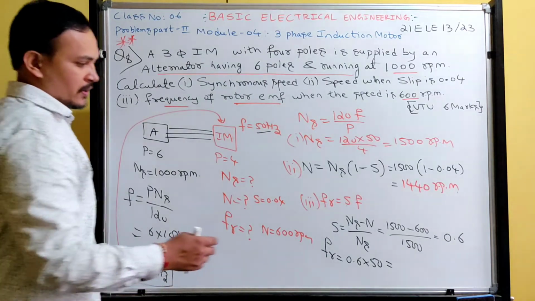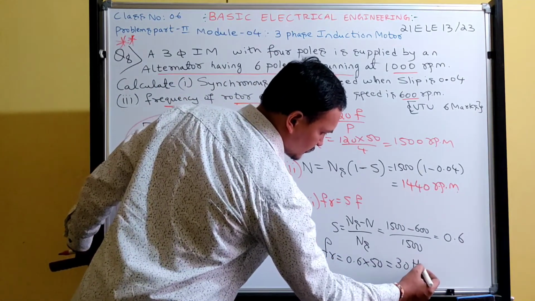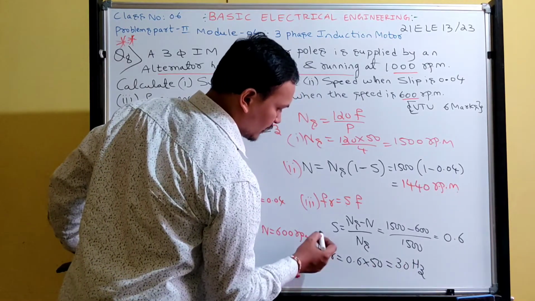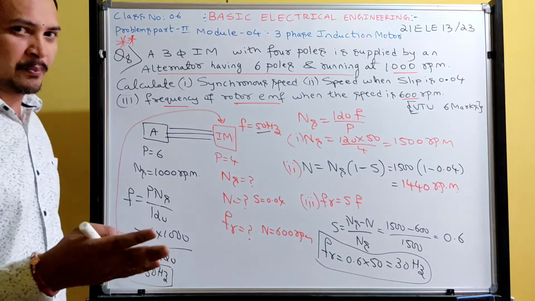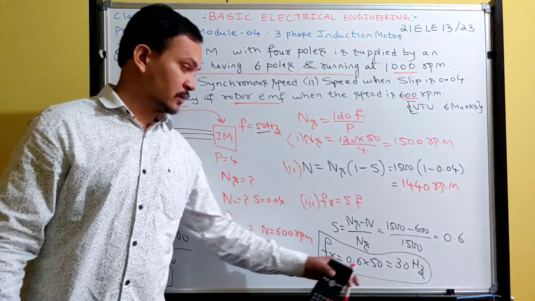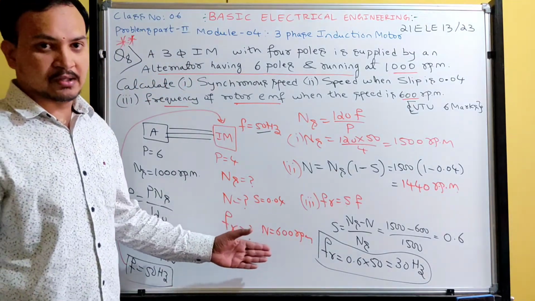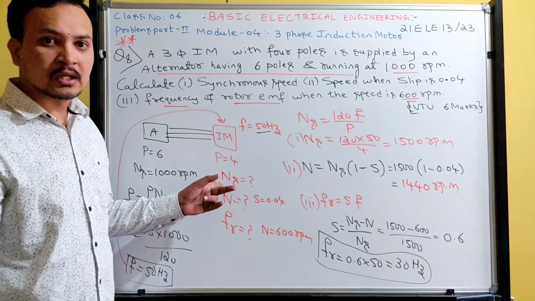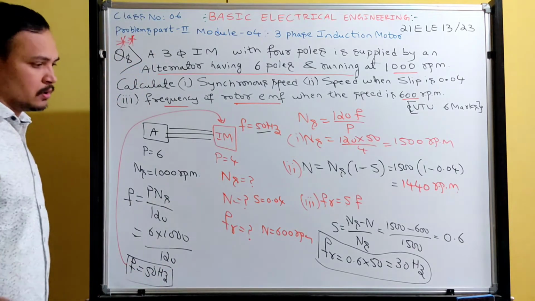What is the answer? 50 into 0.6, 30 Hz. So far we got very small rotor frequency values: 1 Hz, 1.5 Hz, 2 Hz, 2.3 Hz. But this time we got 30 Hz, because the rotor speed is very low with respect to synchronous speed. Got it? Please pause the video and copy this down.